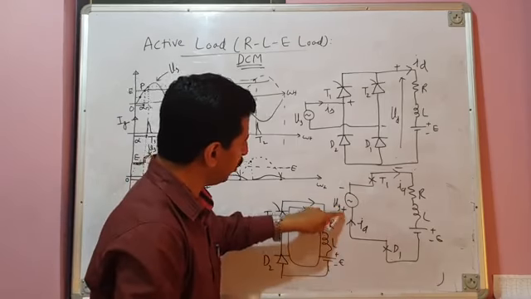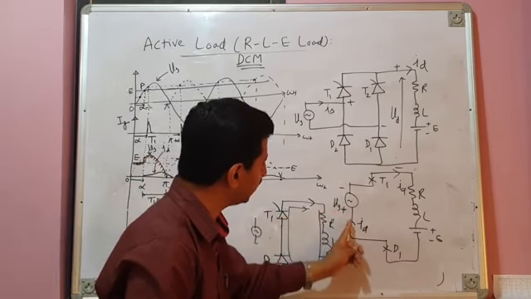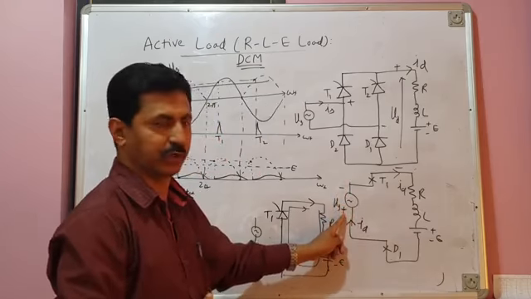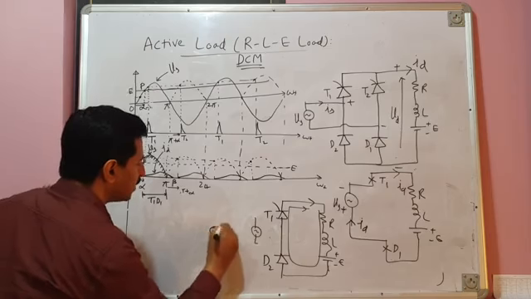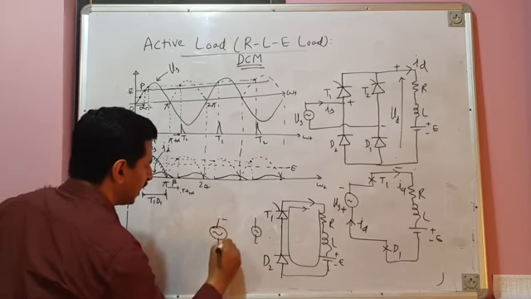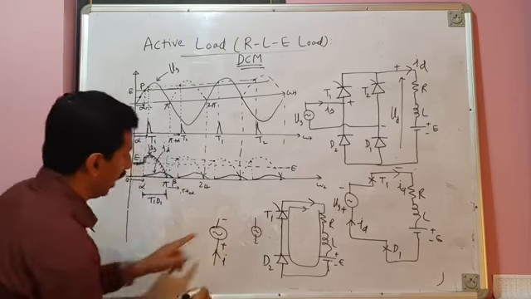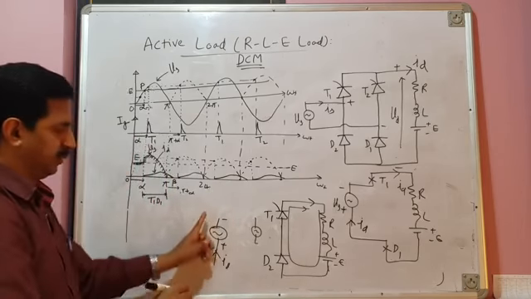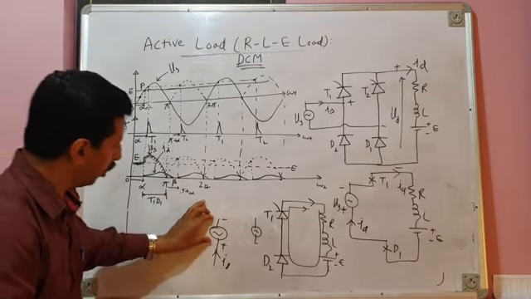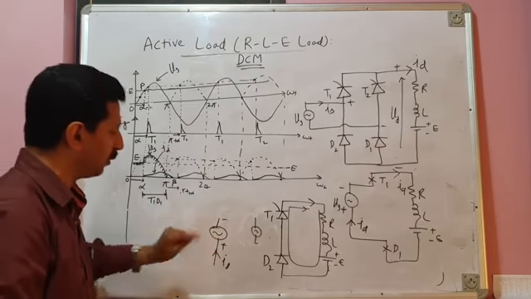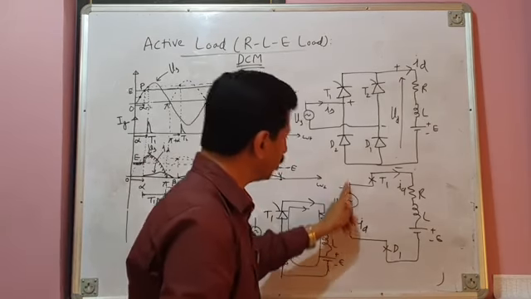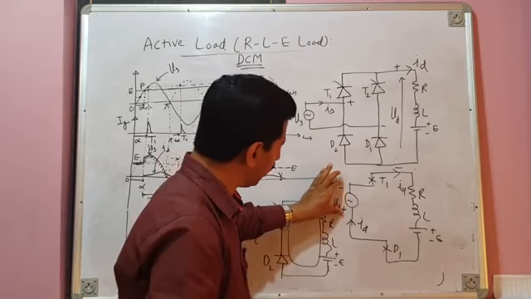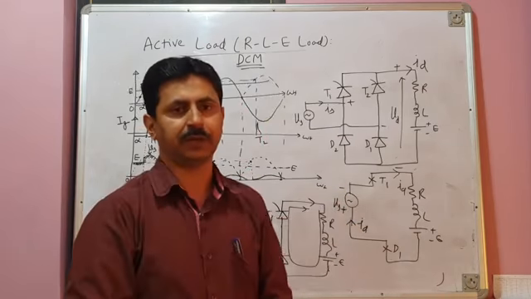Current is flowing into the positive terminal, opposite to the source voltage, so this polarity opposes the flow of current.